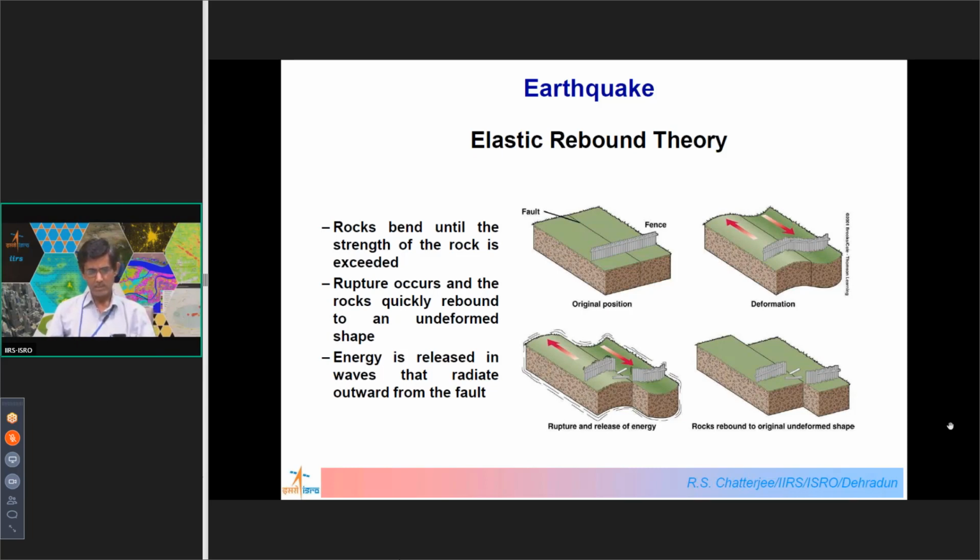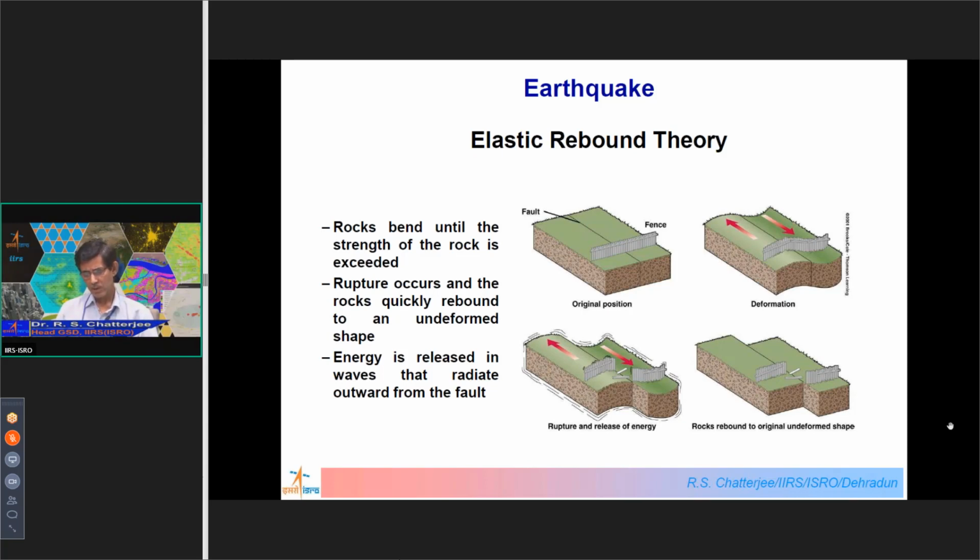Shearing stress is applied on either side, on the top side and the bottom side. By the arrows you can see how the stress is applied, and to see how the rock is getting strained we have put a fence, to show what kind of deformation is taking place. The stress is applied towards the left at the top and towards the right at the bottom, and while the stress is applied, the rocks get strained.